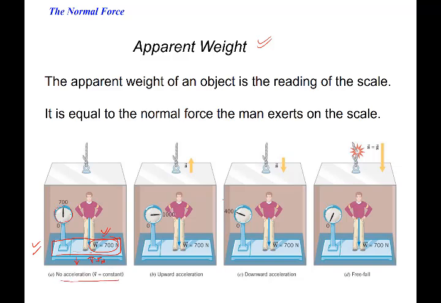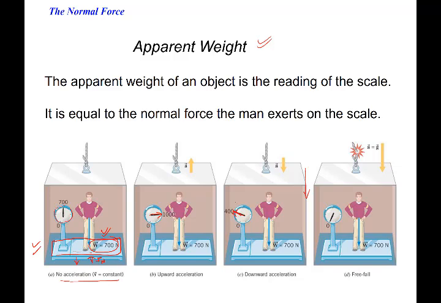But it's been observed that when the elevator goes up, you weigh more, so the needle goes all the way here. And when the elevator comes down, you weigh less and the needle comes down.